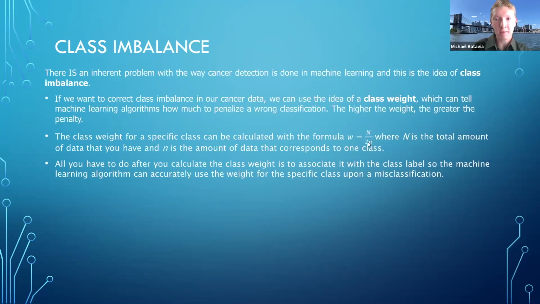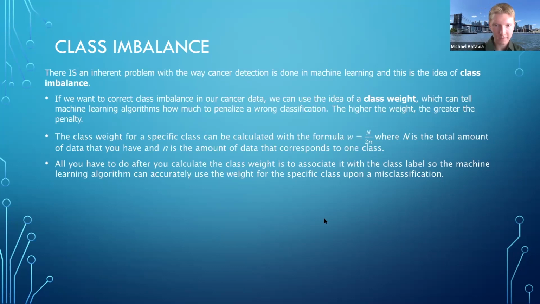And we would find out how much to penalize the model when it makes a wrong decision on predicting the malignant tumor. And all you have to do with this class weight W is just give it to the machine learning model and associate that with the smaller class. So we just tell it, hey, this class weight goes to malignant tumors because we have less of it.